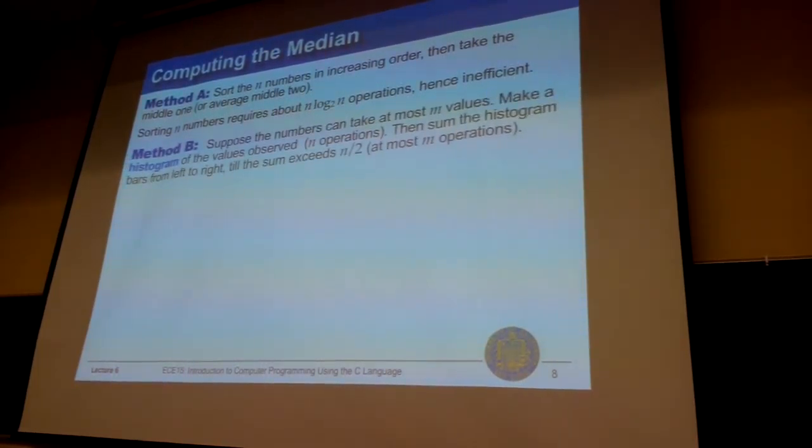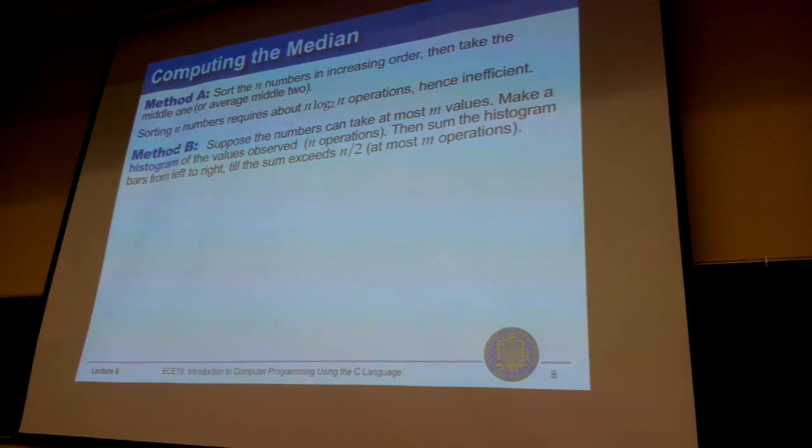So there's an alternative method. This alternative method works when we know that the numbers can only take at most m values. If somebody is inputting integers that are bounded, the second method would apply, because there's a finite number of values each element can take on. In that case, we calculate the median by making a histogram of the values observed.